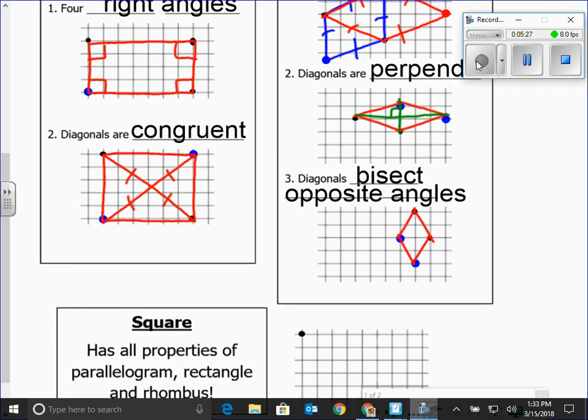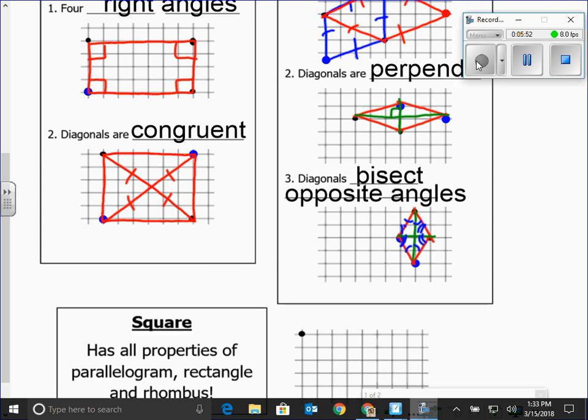We have that. And the diagonals bisect these angles. So this angle is congruent to here, these are congruent to there. And same on this side. Okay? So you can always do that.